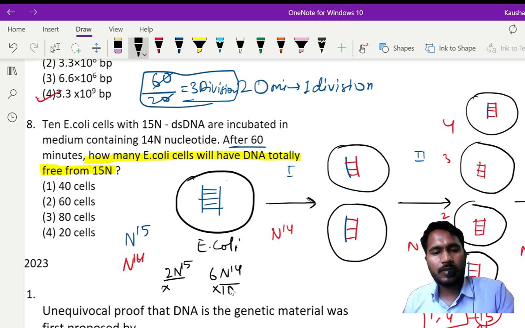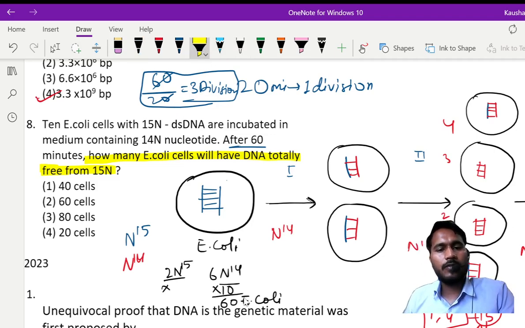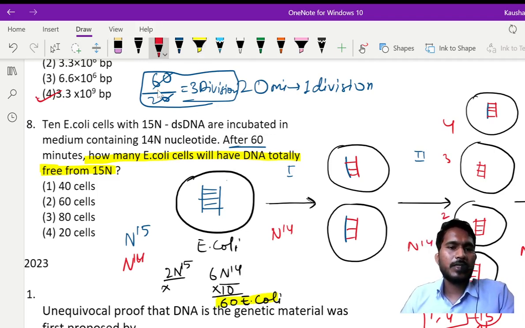So multiply with this, and you will get 60 E. coli. And how many total cells will you get? Multiply with this, 8 times 10, and total 80 cells will be formed, and 60 will be cells with N14 only, free of N15. Got it? So they ask free, not with.